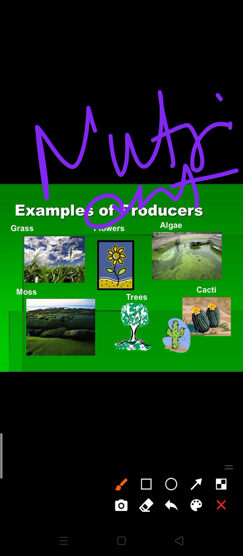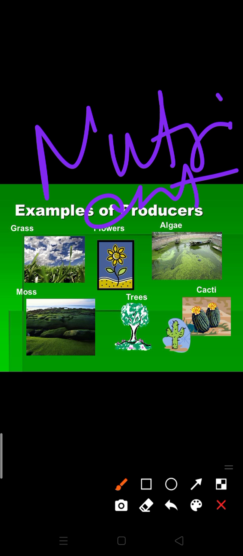So producers trap solar energy and then provide the basic food or energy for all other life forms in the ecosystem. Producers are the only medium by which herbivores get food. When herbivores get food, the chain goes on. You know very well about the food chain and food web; again we will read about them.